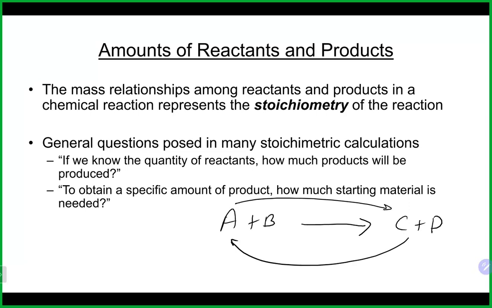But you don't even have to cross the arrow. You could just do the relationships between the two reactants, and you could also do the relationship between the two products without going across the arrow. So sometimes people think it's always got to go across the arrow, but you could do these stoichiometry calculations, as we'll see, with really anybody in the equation. Commonly, we do go from reactants to products or products to reactants, but you definitely could stay on the same side of the arrow and do the same sort of calculation.